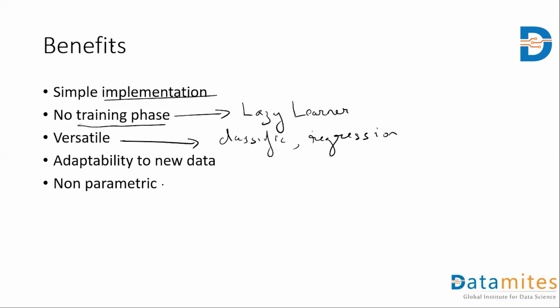What I mean by that is in many machine learning algorithms, when your underlying data changes, when your training data itself has changed, so there's some sort of a new trend in the market which is resulting in the change of the data, in that case, you will have to retrain your model, right? You will have to retrain your model and teach it what are the new trends, what are the new patterns that are emerging in the data.